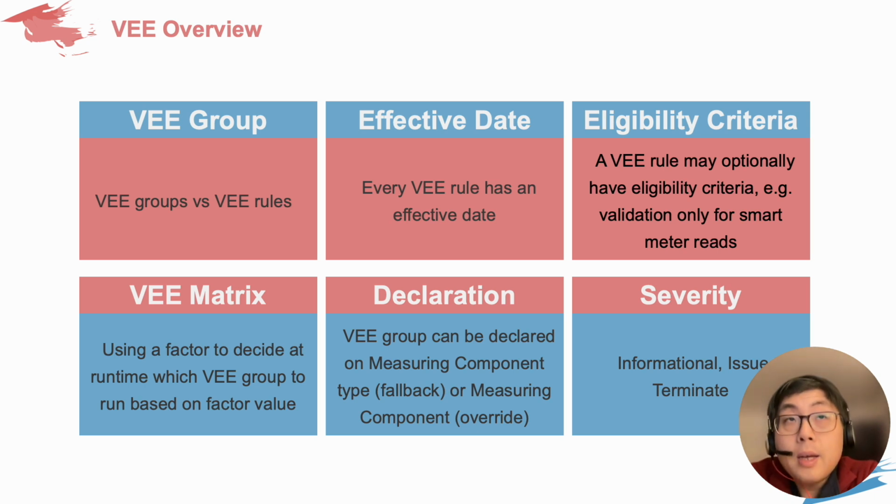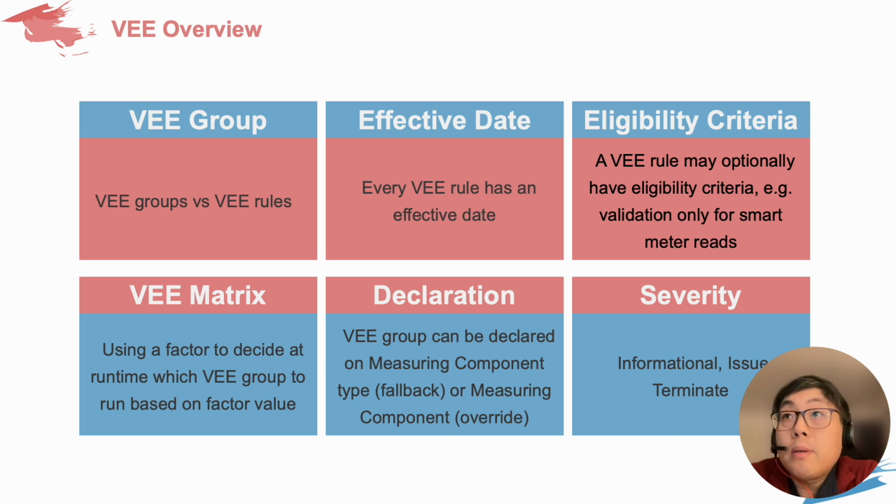One important feature of VEE rule is you can build eligibility criteria. We use that quite often, because remember the VEE group is set on top of the measuring component. So it is a generic process, and a group will be run for all the measuring components or potential measuring component types.